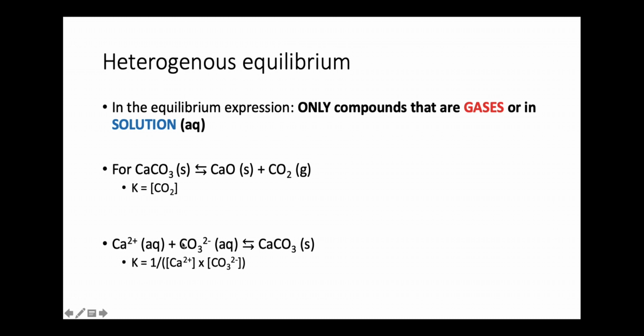Ca2+ plus CO3 2- becomes solid CaCO3. Products over reactants, but my product is a solid, so I'm not going to include that in my expression. I only include my reactants, the calcium 2+ ion and the carbonate ion. So that's why my K is 1 over the concentration of Ca2+ times the concentration of CO3 2-. So remember, for the K, products over reactants, coefficients become powers, only include gases or solutions.